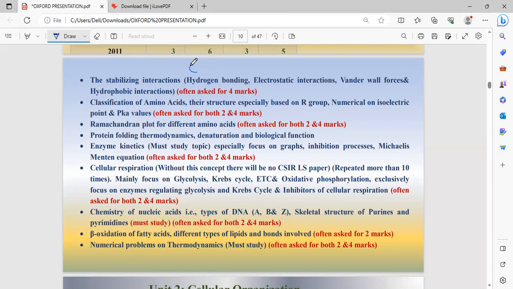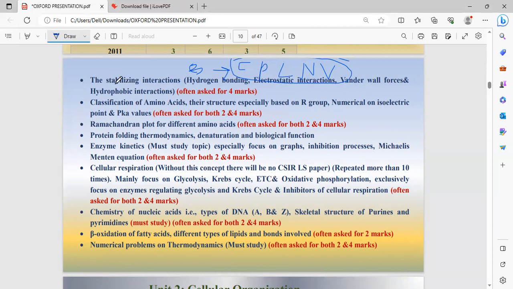What are the biomolecules? Those are carbohydrates, proteins, lipids, nucleic acids, and vitamins. These all come under biochemistry and we have to study them very briefly and elaborately.